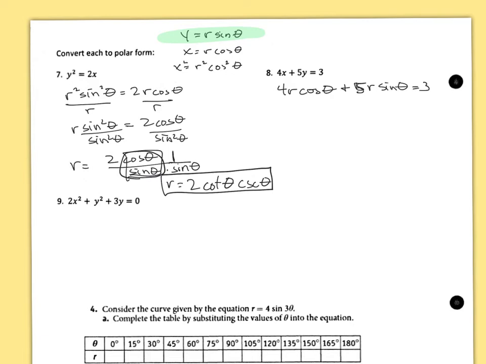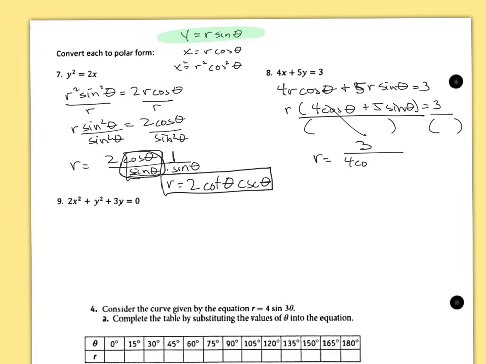Now both of these have an r, so we have to factor that out because we're trying to get r written one time. Now we're going to have to divide both sides by that entire quantity. So if you can imagine, that whole quantity is here and here. Just ran out of space. So that's going to be gone over here. So we're going to end up with r equals 3 over 4 cosine theta plus 5 sine theta.